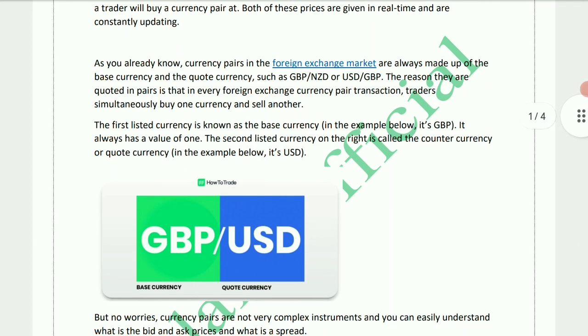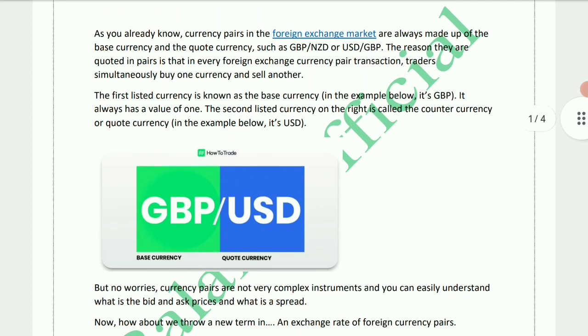Let's move further. As you already know, currency pairs in the foreign exchange market are always made up of the base currency and the quoted currency, such as GBP/USD and USD/GBP. The reason they are quoted in pairs is that in every foreign exchange transaction, traders simultaneously buy one currency and sell the other.